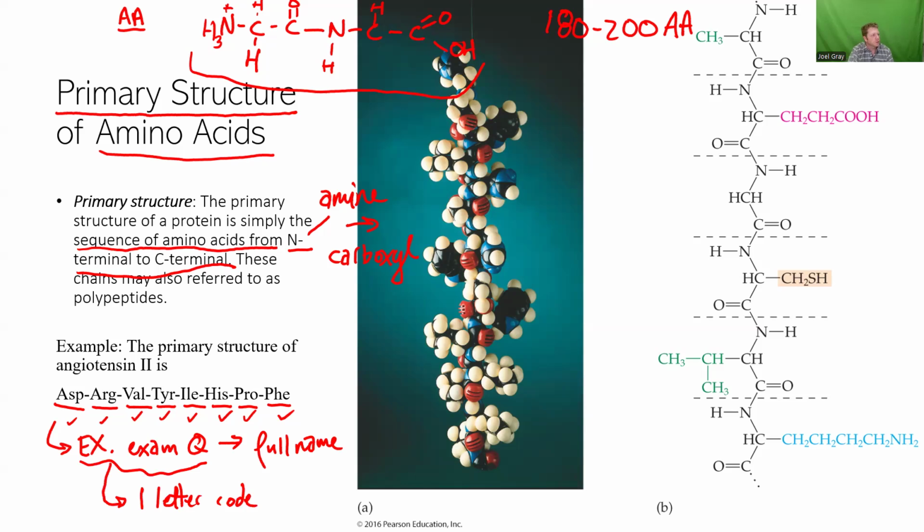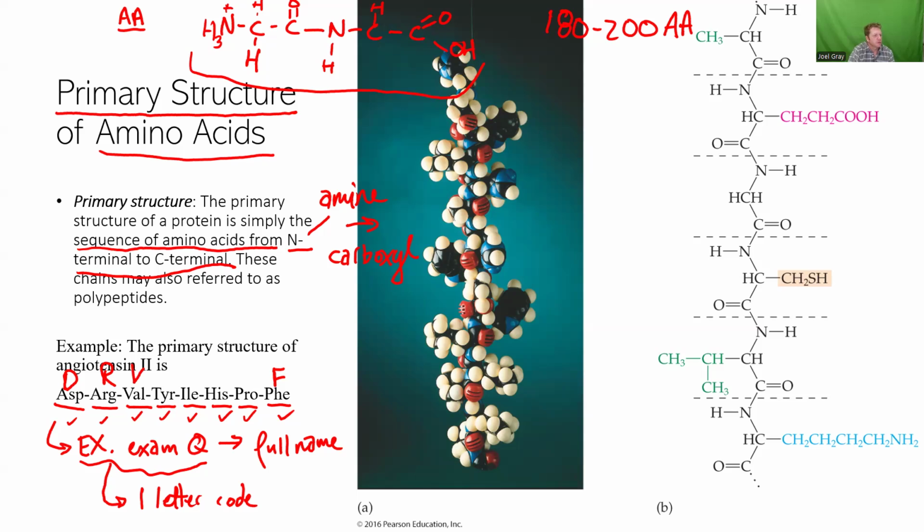And to do this, does anyone remember or know their one letter codes? I'll get you started with the first one, and then see if you can add in the remainder of them. And I'll also give the last one. D, blank, blank, blank. What's the single letter code for arginine? R, perfect. Valine. V, perfect.